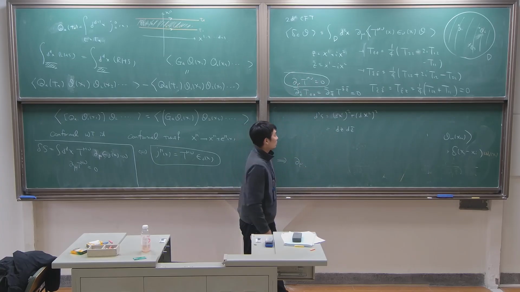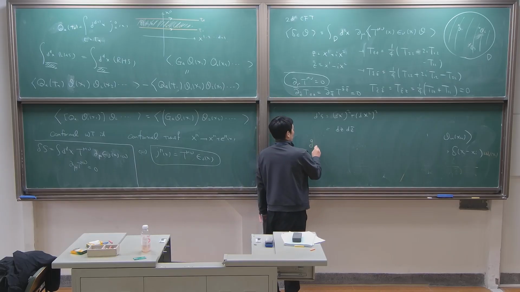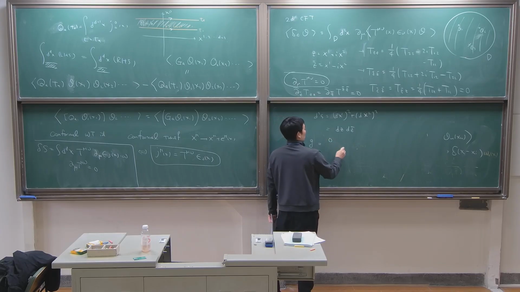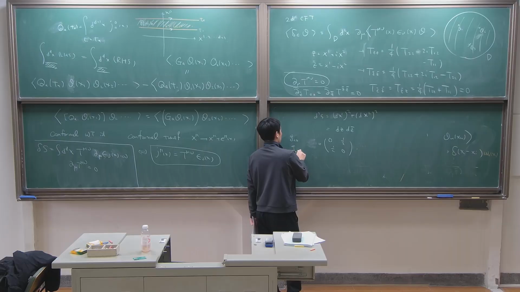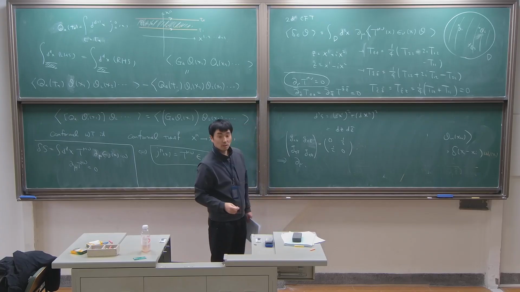Is it okay? So now the metric g is something like 0, 0, 1/2, 1/2 in the dz dz bar part. So g_zz, g_zz bar, g_z bar z, g_z̄z̄. Okay, so like this way.